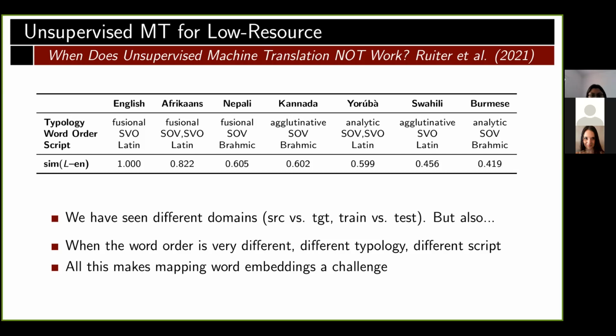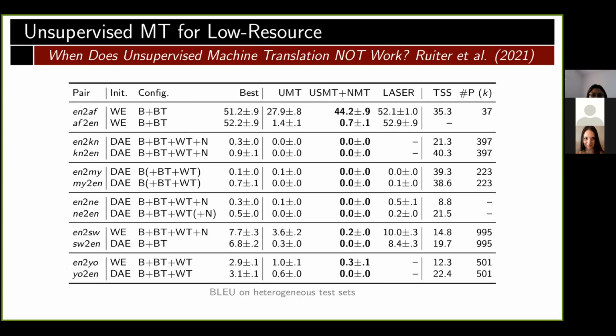Here, I just want to pull up this table that we will see later and look at the column in boldface, the one that I'm marking now. We see that for these languages that I've shown before, the unsupervised machine translation, the hybrid one that combines neural machine translation with statistical machine translation, is not able to learn anything for 5 of the 6 language pairs studied.